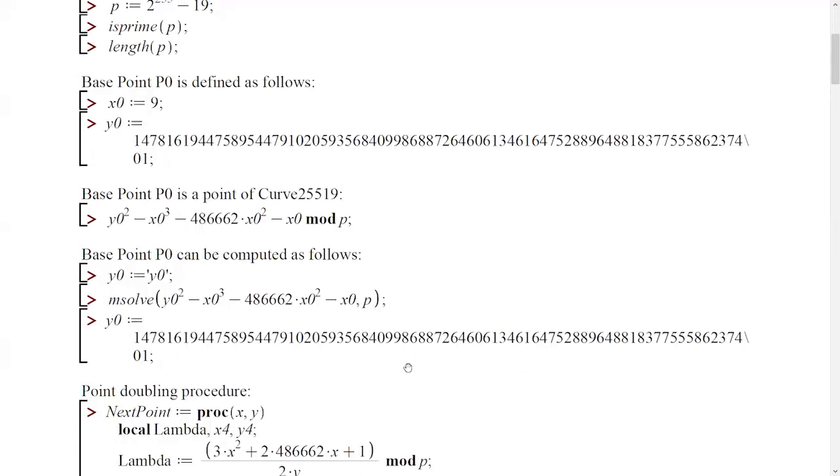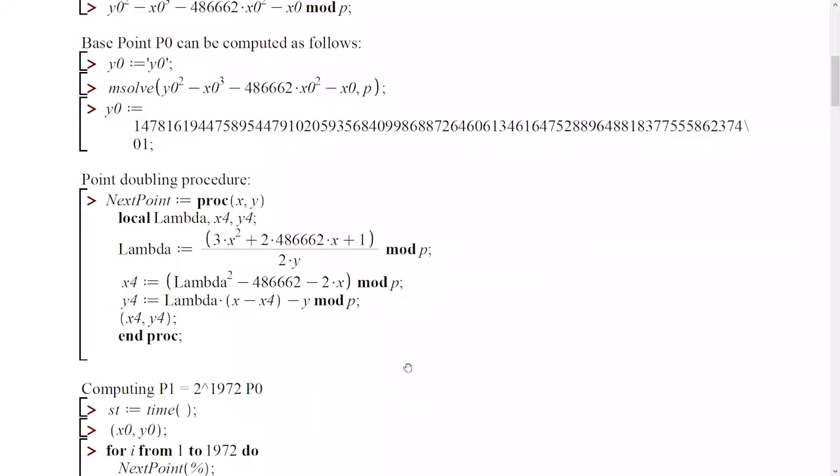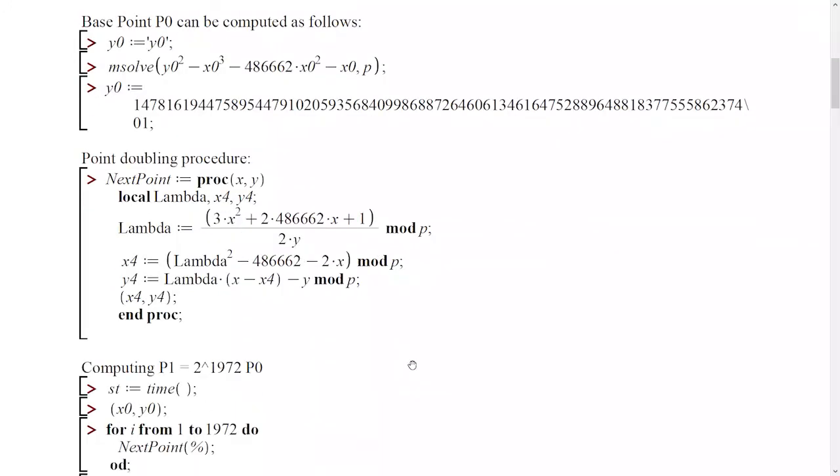Okay, so here we have the point doubling procedure. We have a point P with coordinates x and y, and we compute P plus P, so 2P, the point with coordinates x4 and y4.